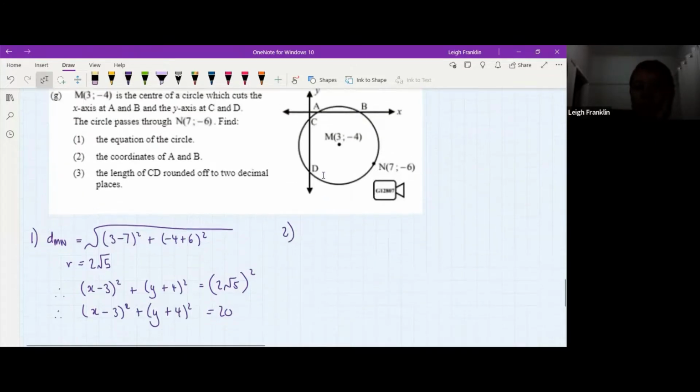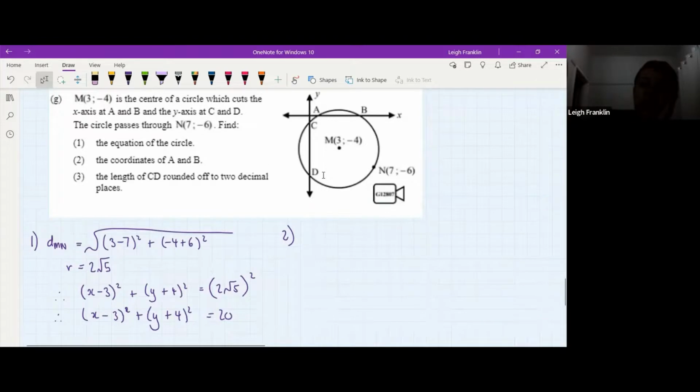Now they want us to calculate the coordinates at A and B. How do you think we would do that? What do A and B represent? It's your x-intercepts. Okay, your x-intercepts. And for the x-intercept of anything, this is not a function, but for the x-intercept of any shape or graph, what do we let y be?